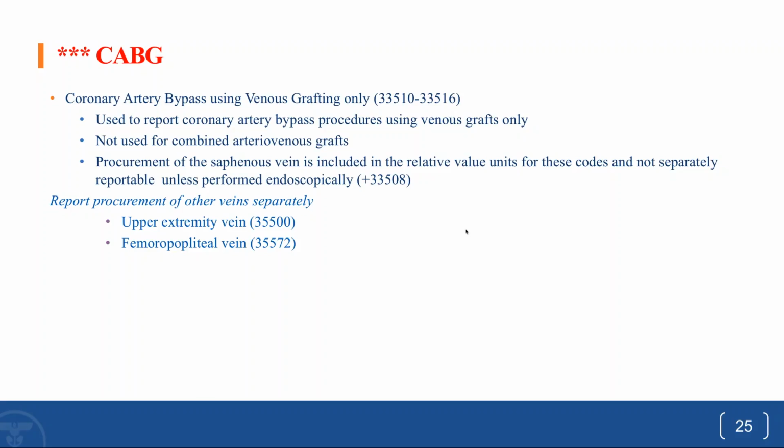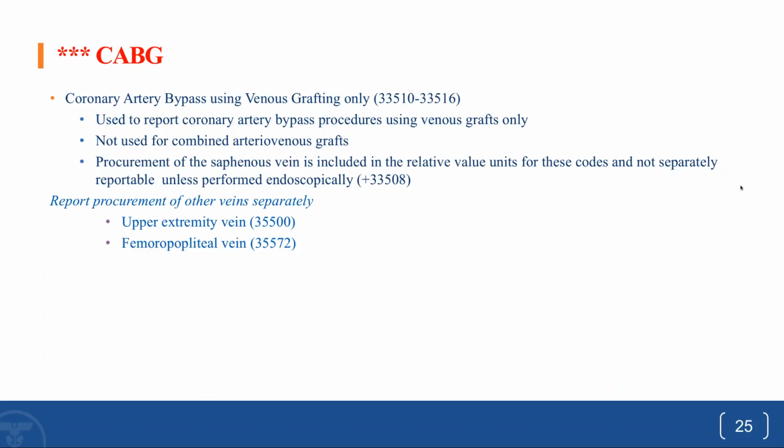Okay. And then as far as the procurement of the saphenous vein, it gives you a little blurb about that on the top of page 206. If they're procuring the saphenous vein, it will be mentioned in your question. It's not something that you have to decide whether it's done, but it is an add-on code, and it's not something that you would just automatically pick up.